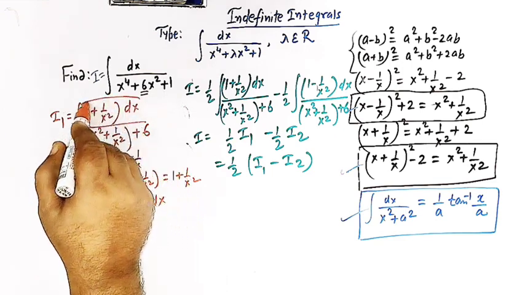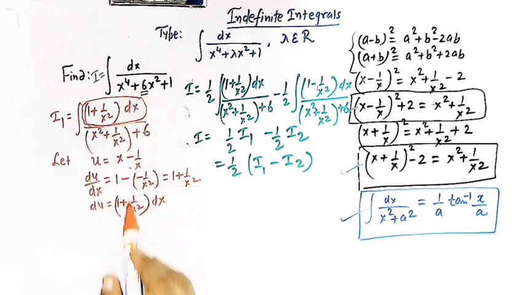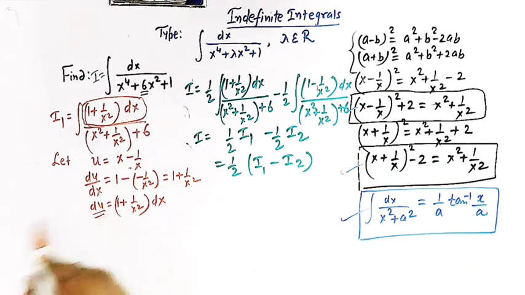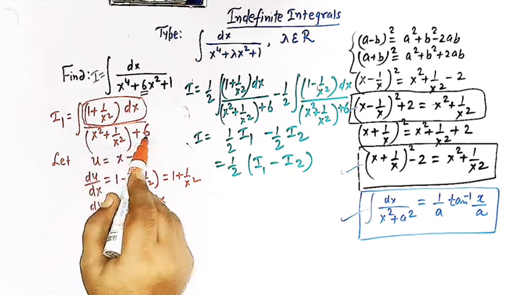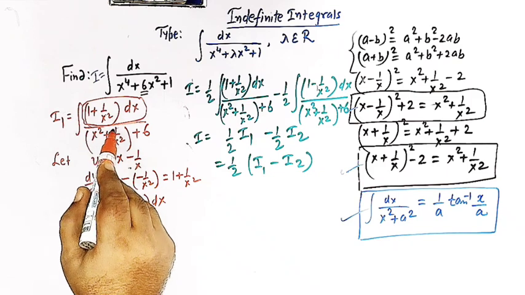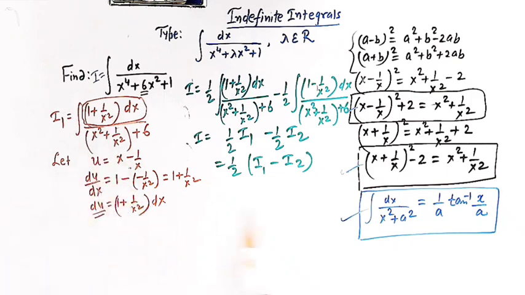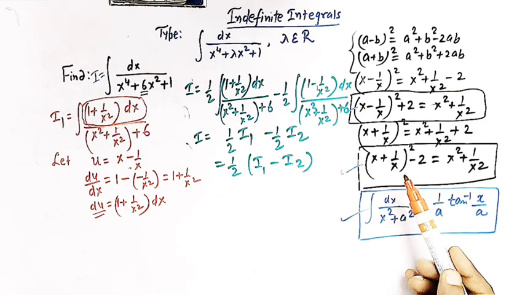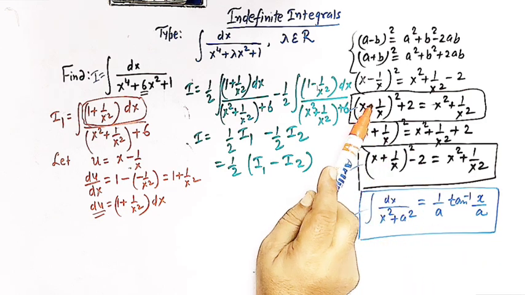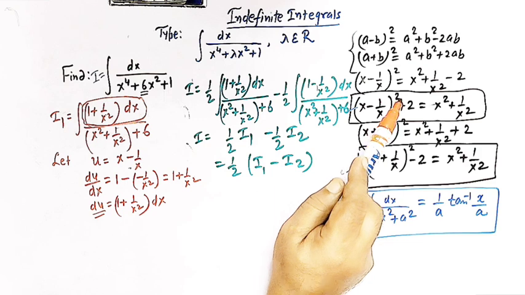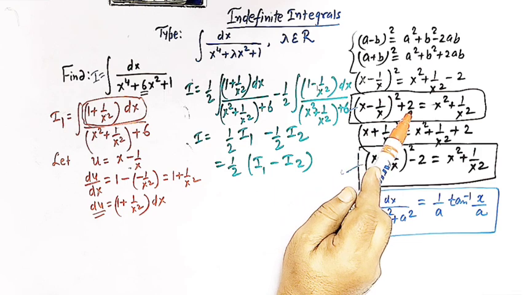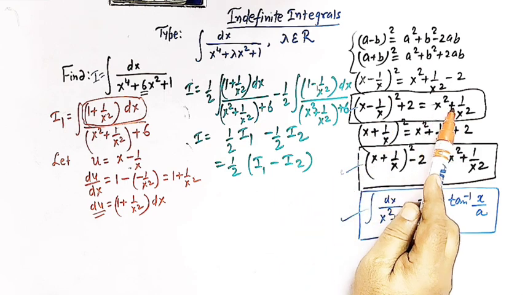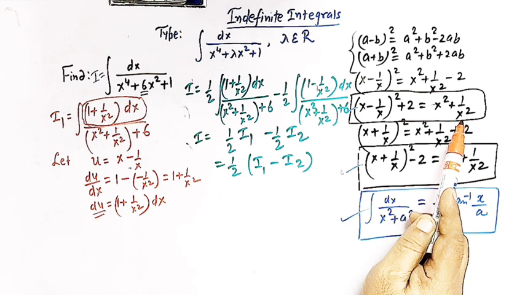right? So for this quantity, we can simply write du, and in the denominator we have x square plus 1 over x square. So we can now use this expression, that is x minus 1 over x whole square plus 2 is equal to x square plus 1 over x square, right?